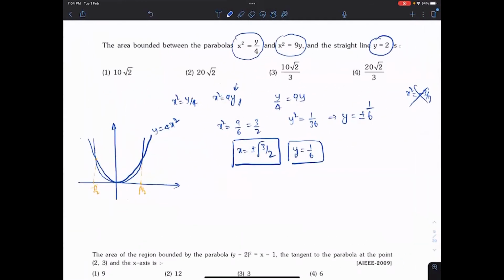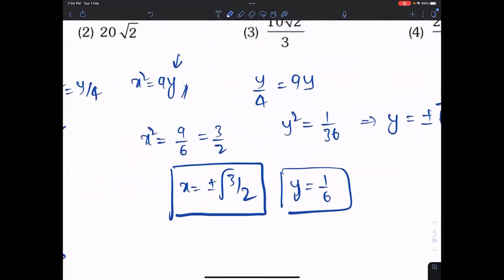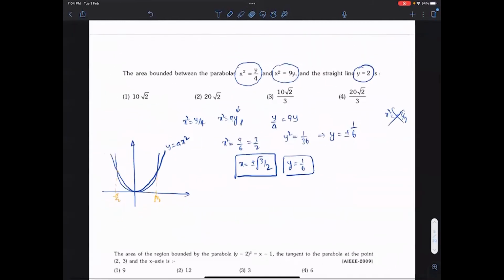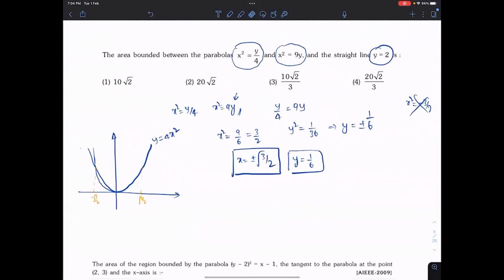Next. And the straight line, what the, one second guys, root over 3 by 2 if I take, one second. No, there is some mistake which I have done. Sorry. I'm very sorry, guys. Normally, this kind of mistakes should not happen.